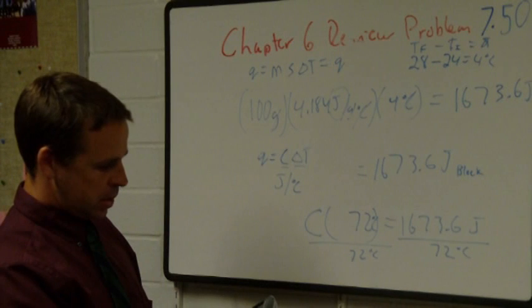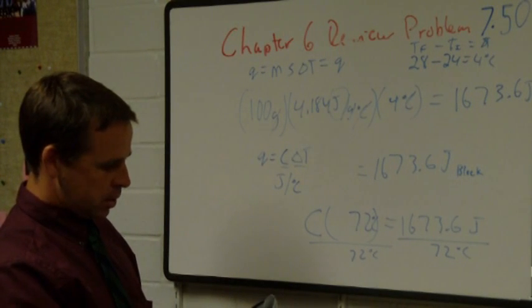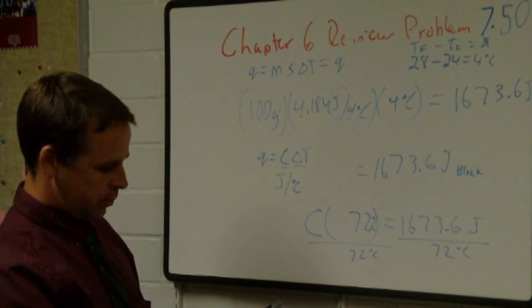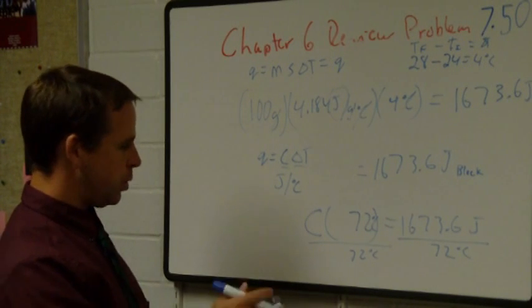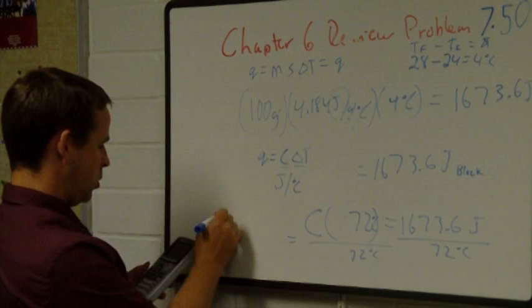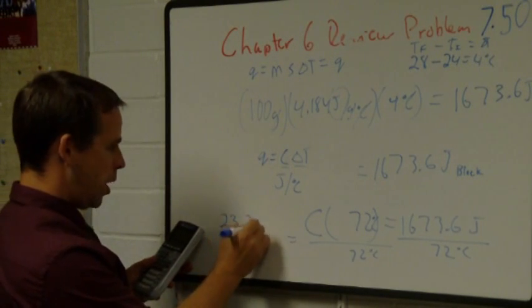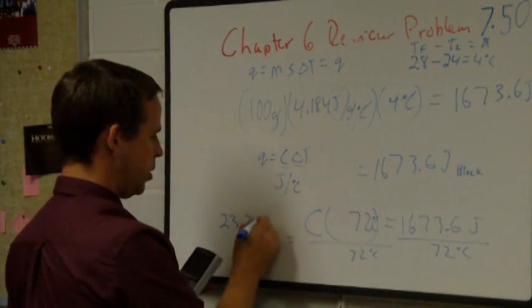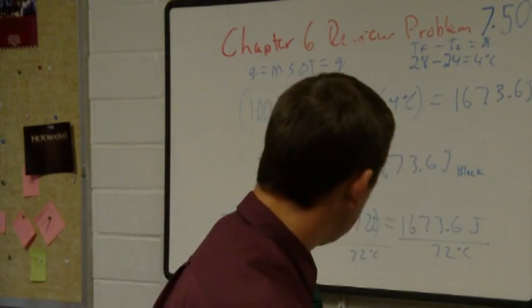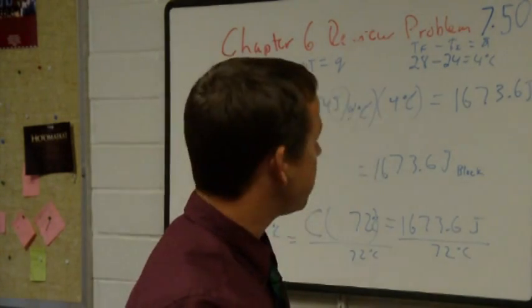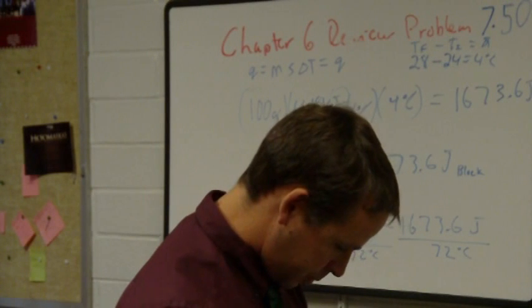So we have 1673 divided by 72. 23.24, and that is joules per degree Celsius. All right, so that's the heat capacity, 23.24 joules per degree Celsius, 750 part C.